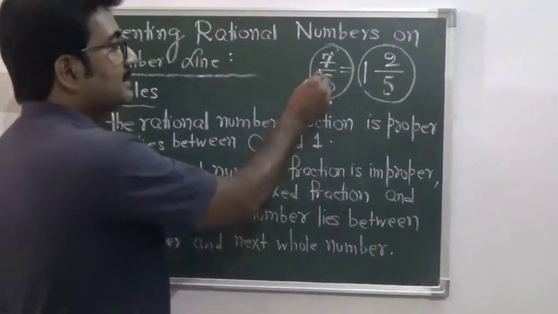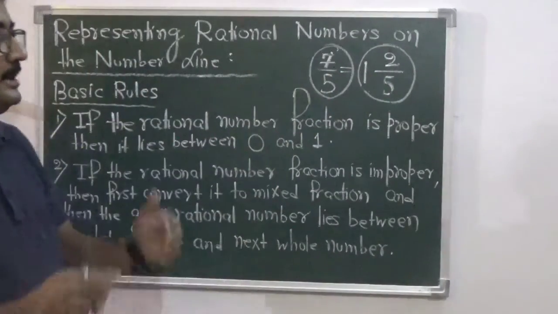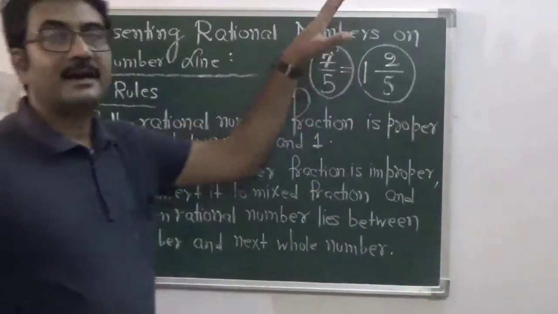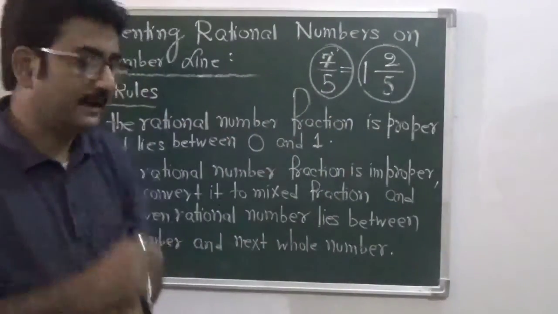That means this number 7 by 5 will be lying between the points 1 and 2 on the number line.